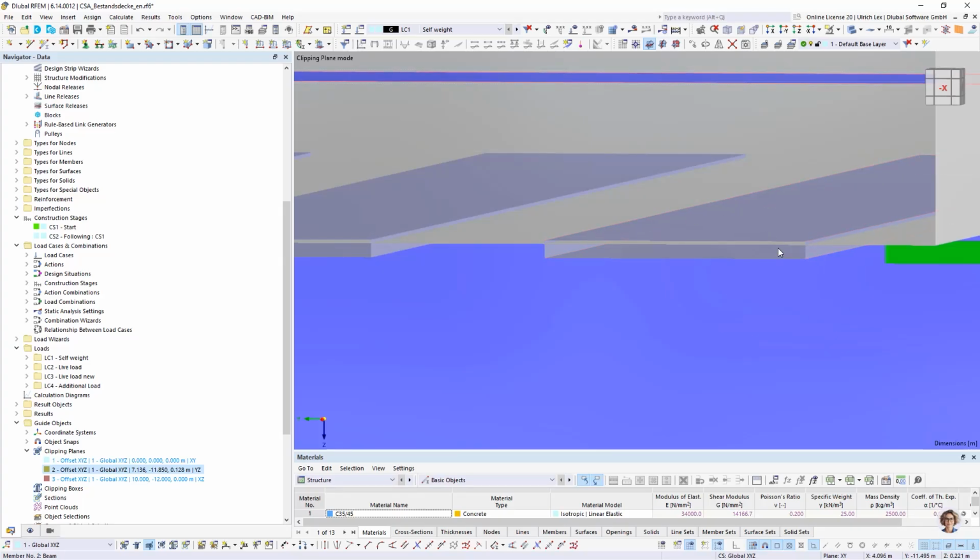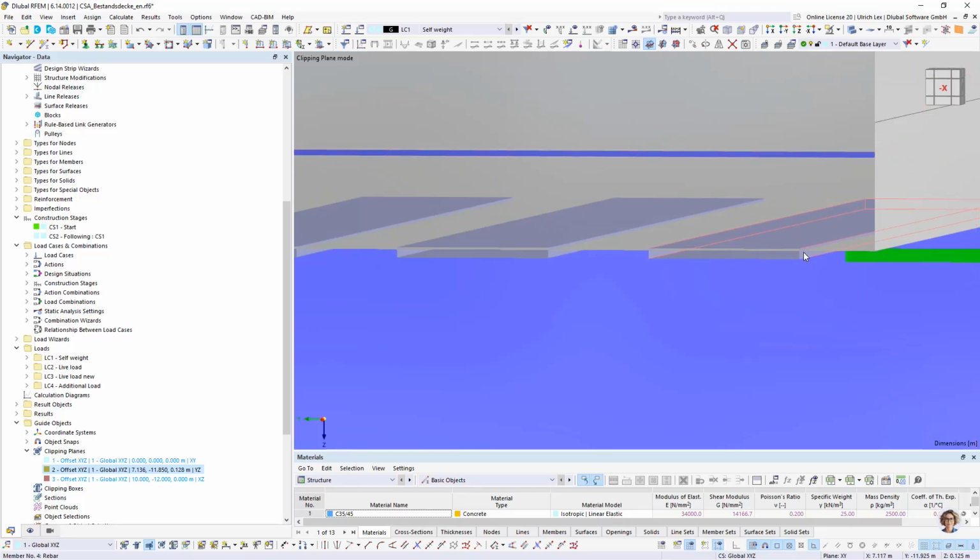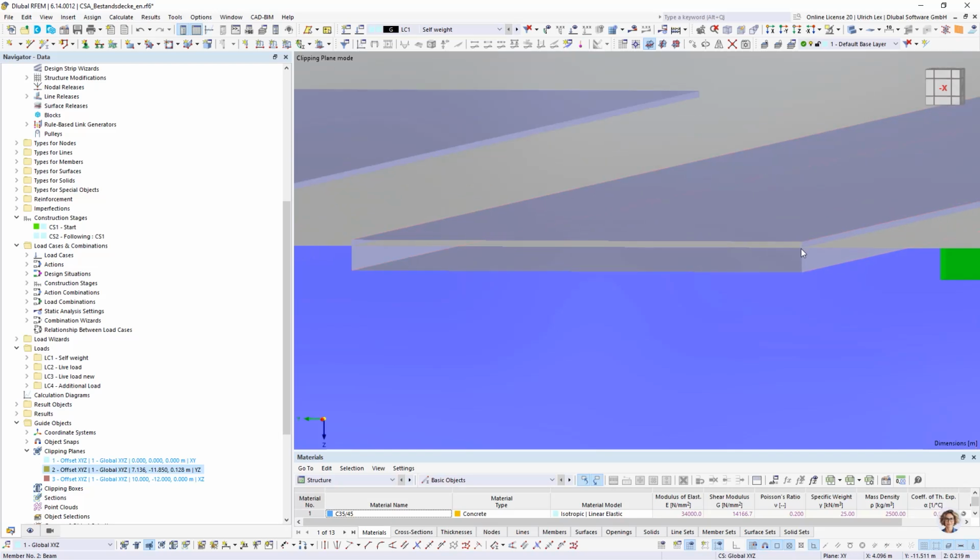I cannot assign this master object when there is a gap in between, but I can assign it when this rebar is inside the surface, or at least when its boundary is connected together.